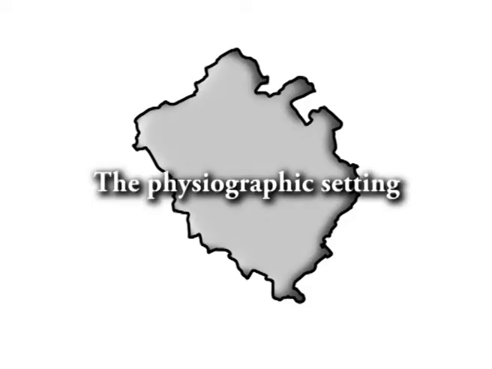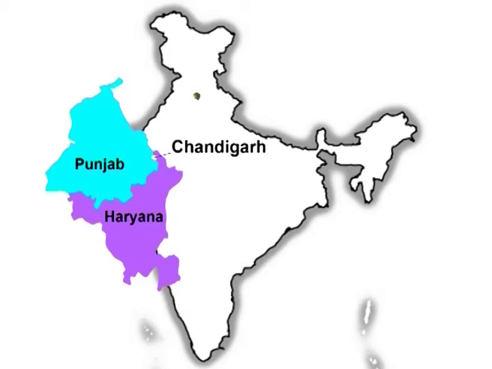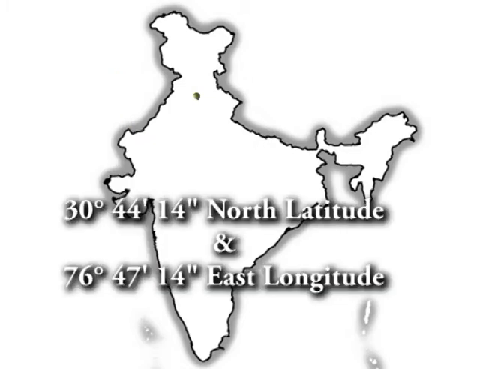The physiographic setting. Chandigarh is a city and union territory in India that serves as the capital of two states, Punjab and Haryana. Chandigarh is located in the fringes of the Shivalik range at 30 degrees 44 minutes 14 seconds north latitude and 76 degrees 47 minutes 14 seconds east longitude.